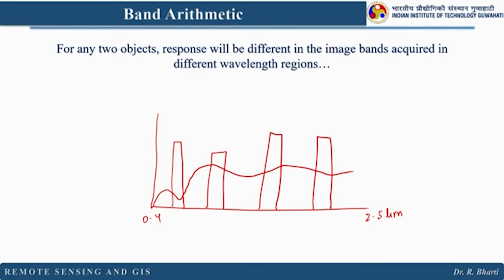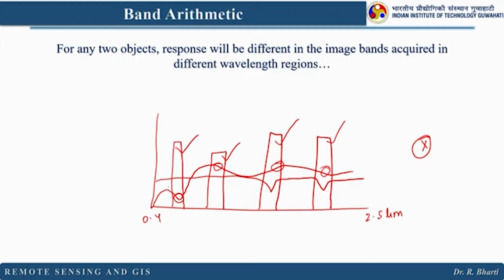Suppose for another material X you have this kind of response. If you look at the bands available from a particular sensor, in the case of vegetation, this trough is captured in this particular band, and this peak is also captured in this particular band. So in this case, all the bands can be used to enhance this.